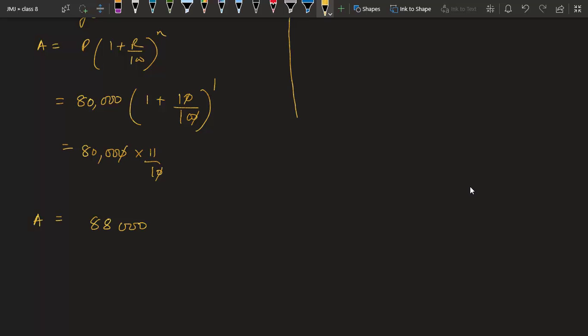Now compound interest after 1 year will be given by 88,000 minus 80,000, that is rupees 8,000 interest in 1 year.